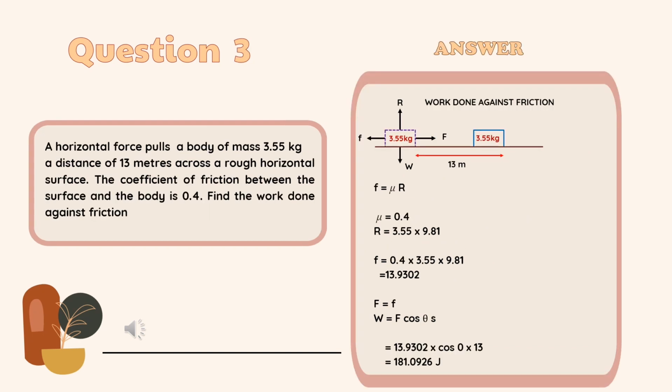Question 3. A horizontal force pulls a body of mass 3.55 kg a distance of 13 meters across a horizontal surface. The coefficient of friction between the surface and the body is 0.4. Find the work done against friction. From the question, I drew the figure to make it easy for me to do the calculation.